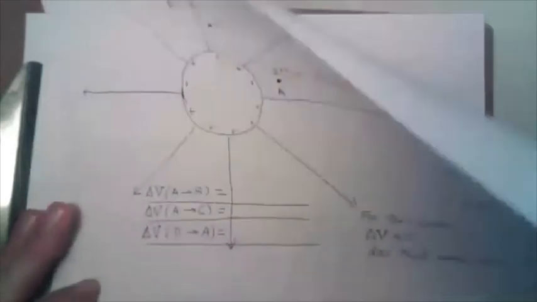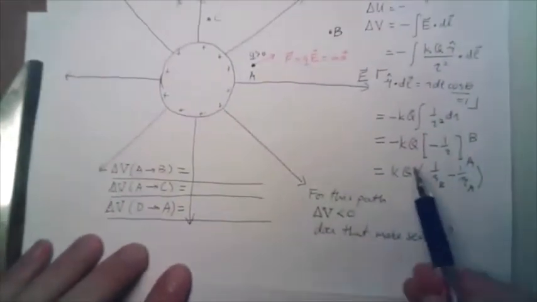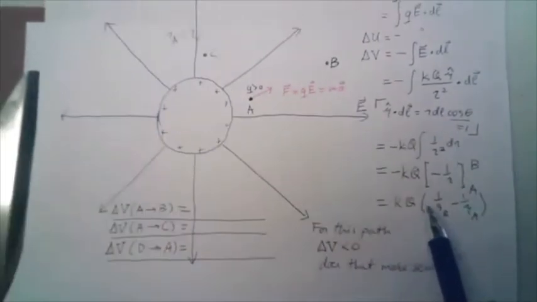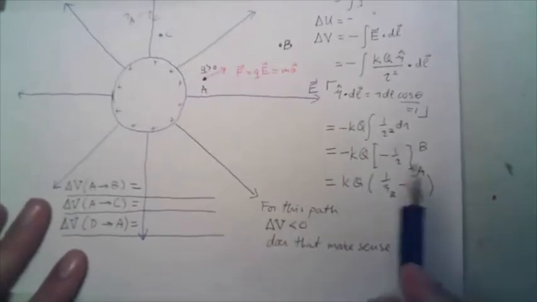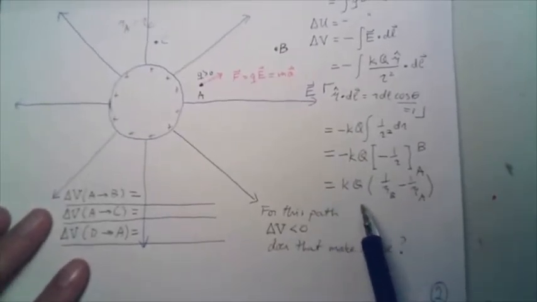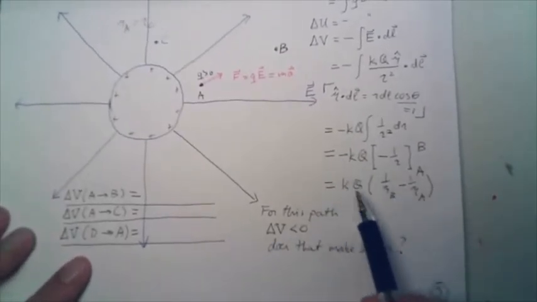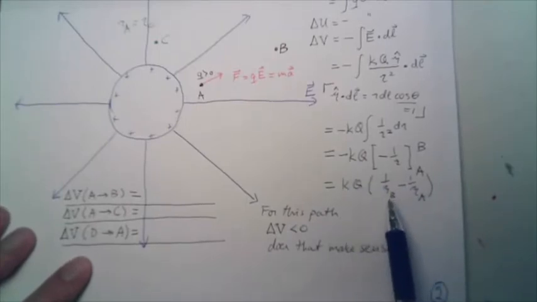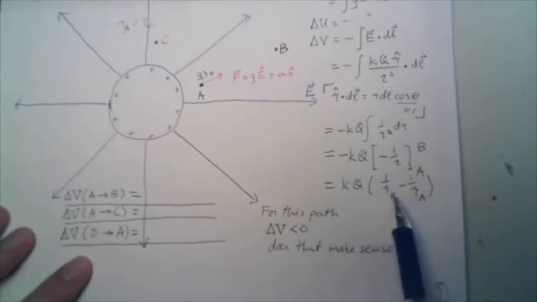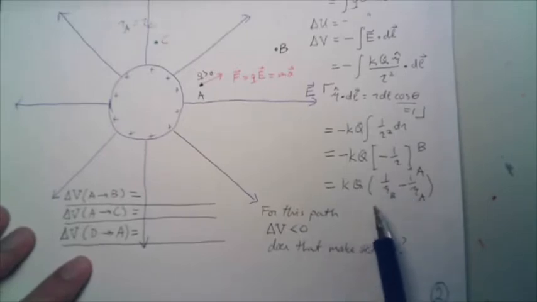All right. So this is the expression that we came up with for potential differences in a path around a charged object that has spherical symmetry. And it's just the potential difference between point A and point B is the difference between their inverse positions with a minus sign.